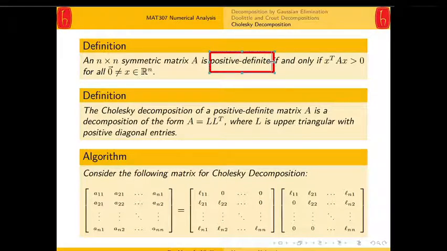For any given non-zero x, if we say x transpose A x is greater than 0, this will return some number, because x is 3 by 1, so the transpose will be 1 by 3.